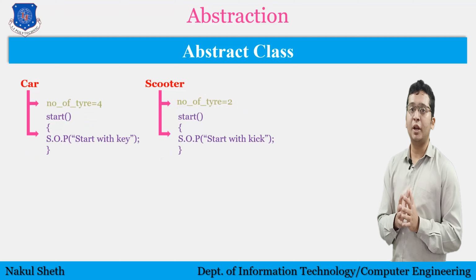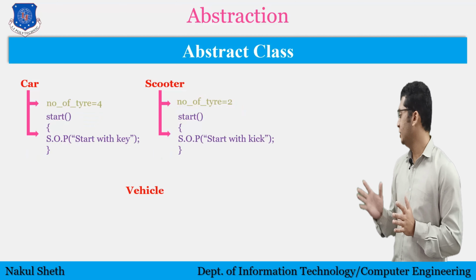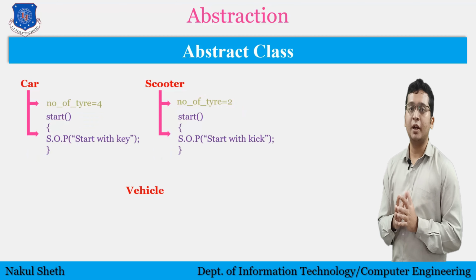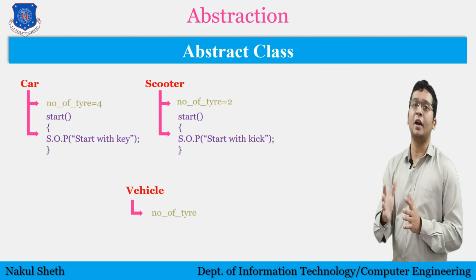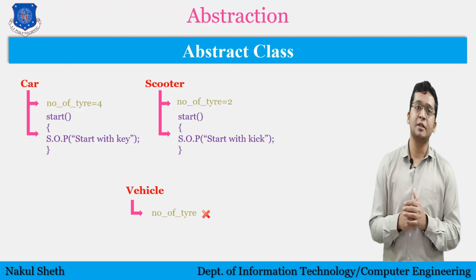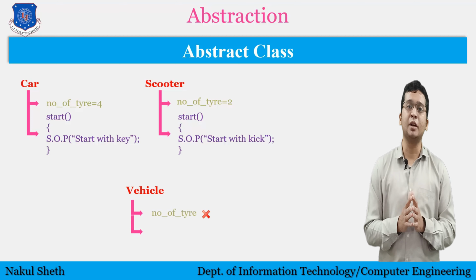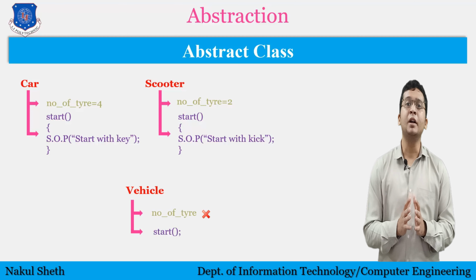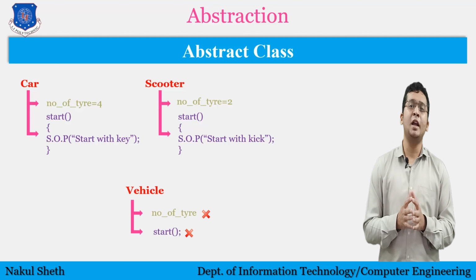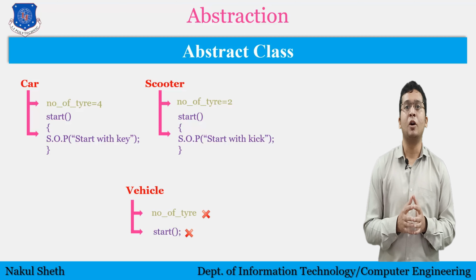So I am going to create another class here, that is the vehicle class, in which I am going to create a variable that is number of tires, but I am not going to put its value over here. Same as I am going to create a method that is the start method, but I am not going to create its body part, because a vehicle can be started with a key or it can be started with a kick as well.